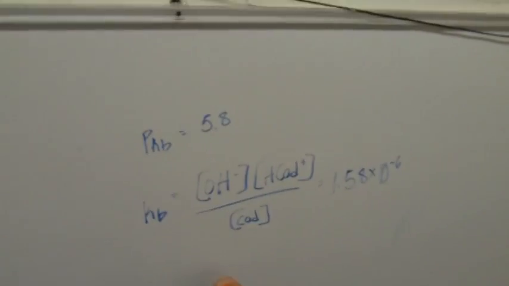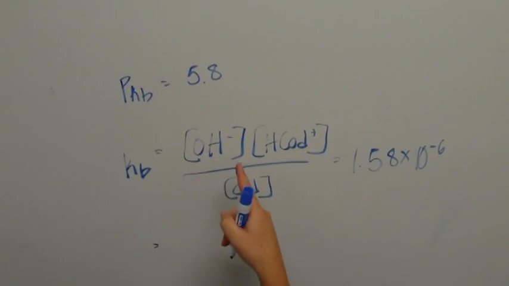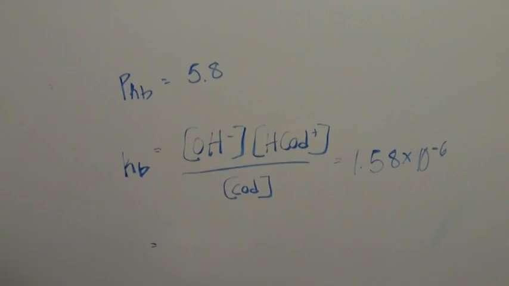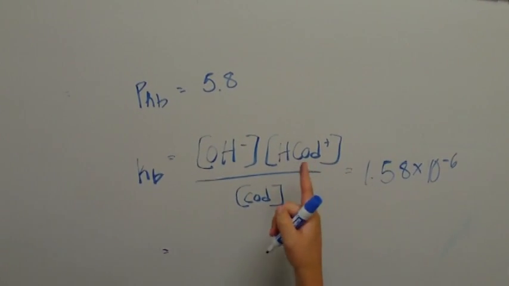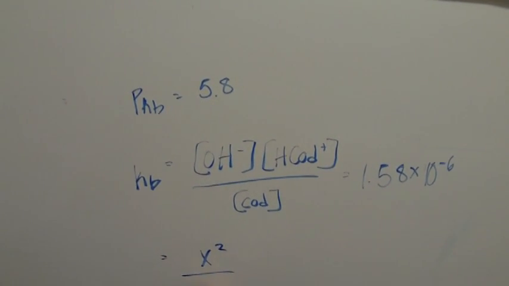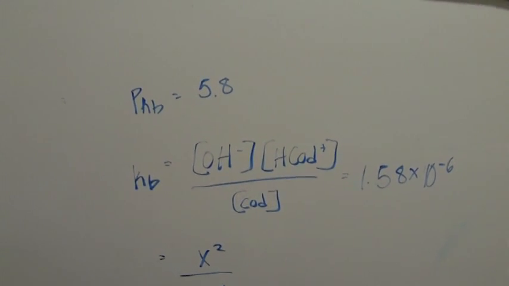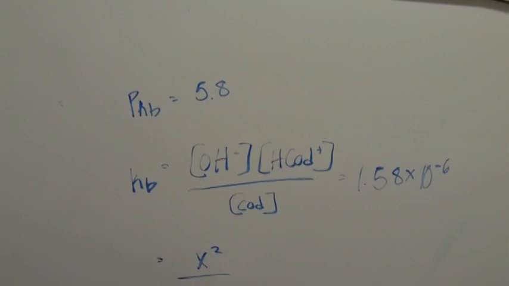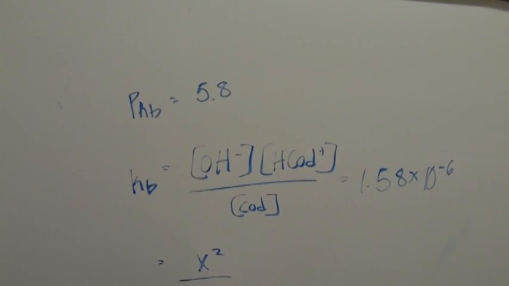So we're going to use the Kb equation over here, and we can just simplify this. We've got OH negative, which is x, times HCode plus, which is also x, so we've got x squared over 0.02 minus x. And we're just going to make an assumption that this x isn't going to change much.